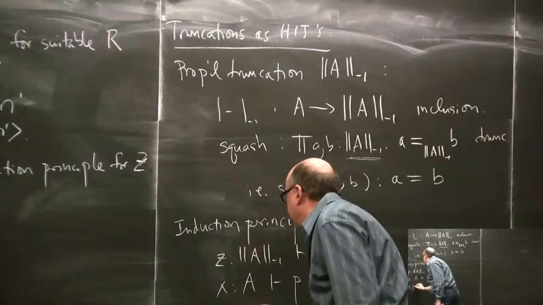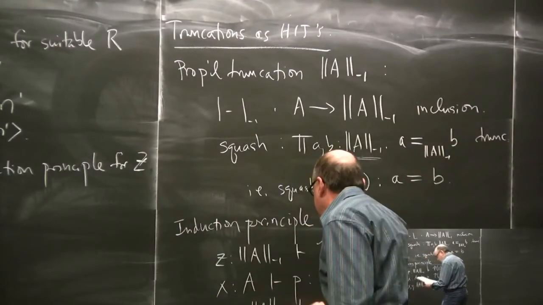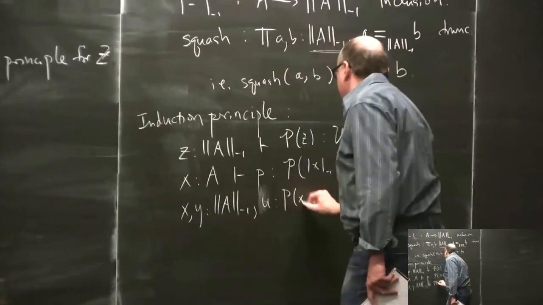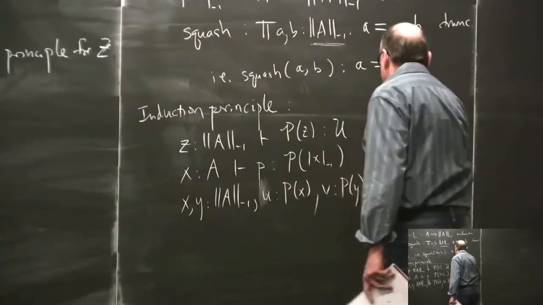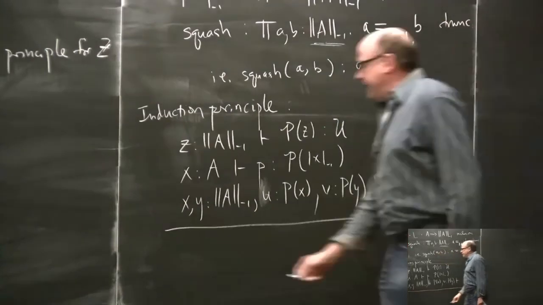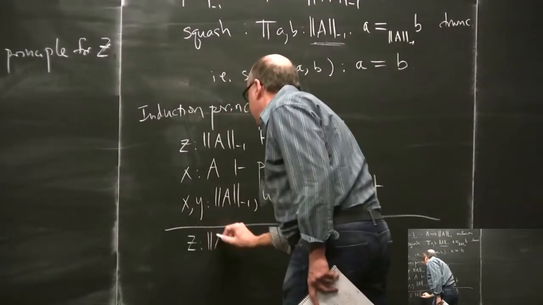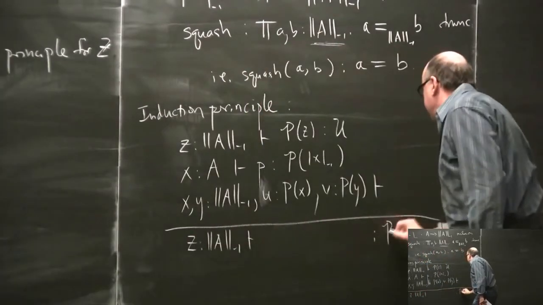Well, you have to know that for any x and y in the truncation, and any proofs, if you have a proof of P of x and you have a proof of P of y, then, because remember the general form of an induction principle is always going to be to reason away from, so something or other will be in P of z, right?